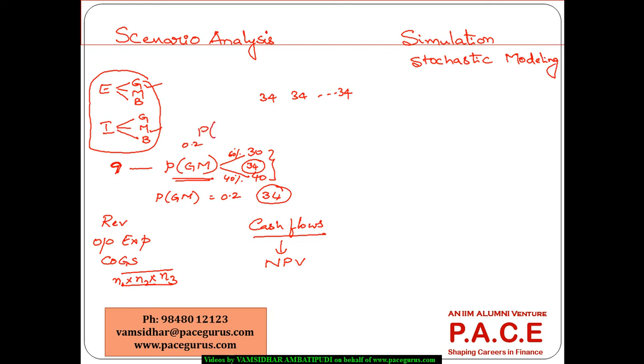But if the medium-good scenario occurs, meaning the economy is medium but the industry is good, it is 50 bucks coming out as cash flows for each of the next 8 years. What we are simply trying to do is find the NPV in this case, and find the NPV in that case. Then take the probability of occurrence of this, multiply it with the NPV, take the probability of occurrence of that, multiply it with its NPV, and overall see what the net NPV is going to be.